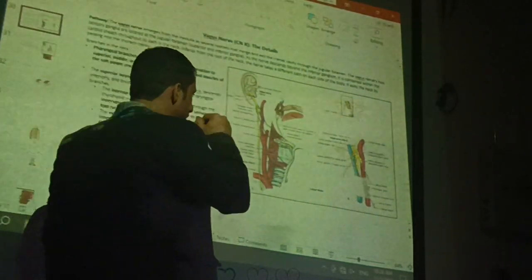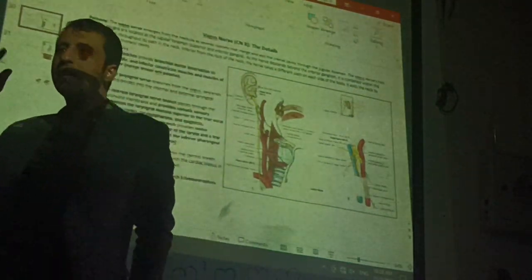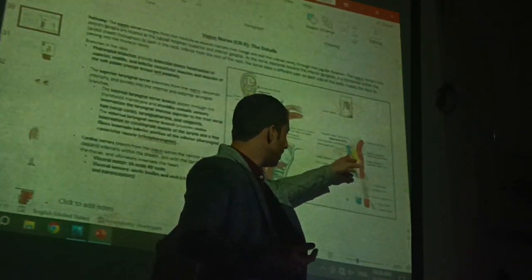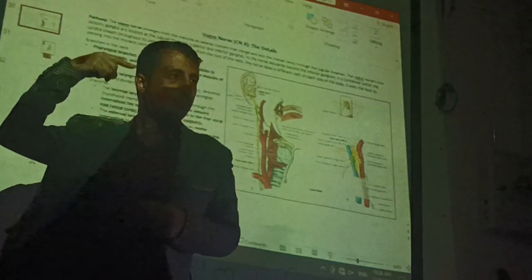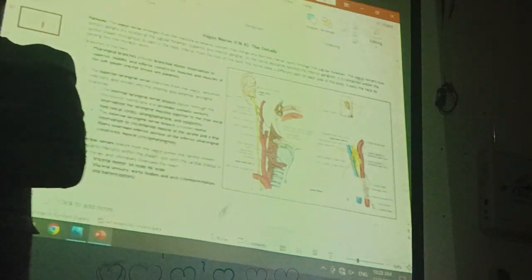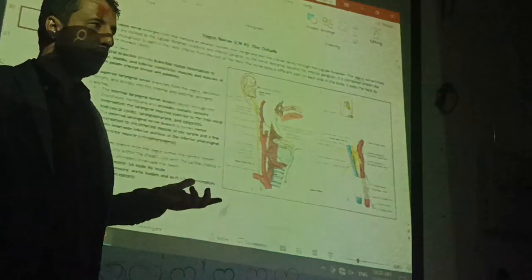So, from the superior ganglion, two branches are derived. One branch is the meningeal branch, which turns to enter again the jugular foramen, and innervates the meninges of the posterior cranial fossa.